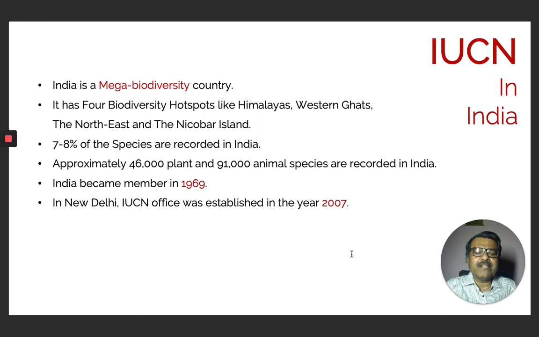Around 7 to 8% of species have already been recorded in India, which accounts for 46,000 plant and 91,000 animal species. India became a member of IUCN in the year 1969, and in 2007 for the first time the office was established in New Delhi.